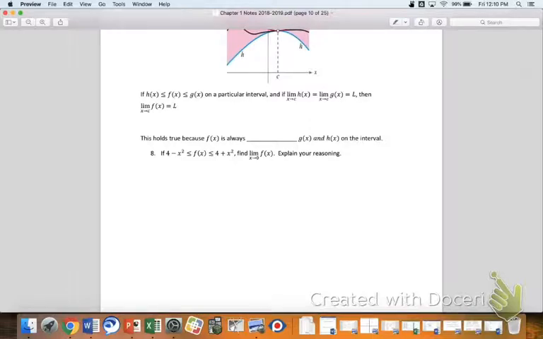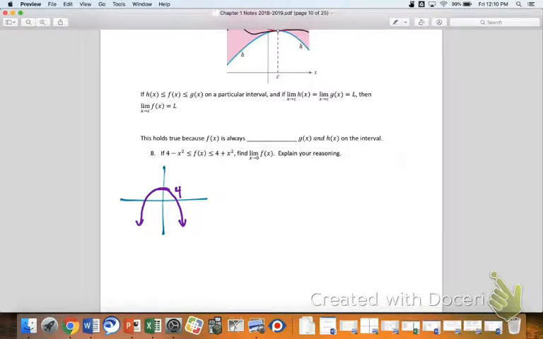Isn't it just an upside down parabola? An upside down parabola moved up 4. You got it. All right, so I'm going to graph that. So here is my upside down parabola, shifted up 4. Okay, so that's one of the boundaries for f.